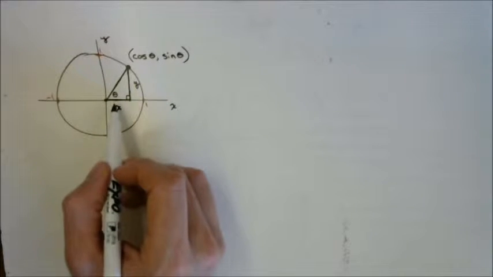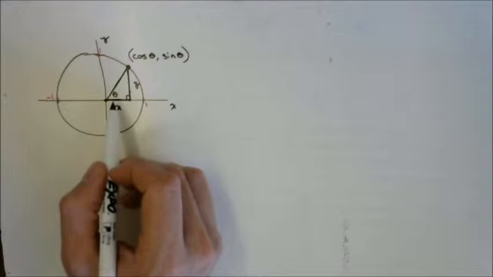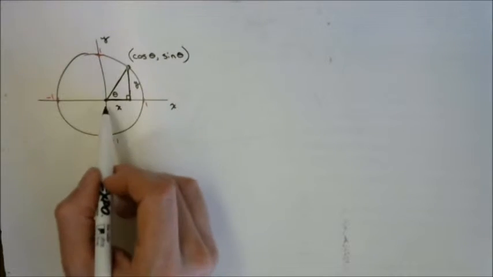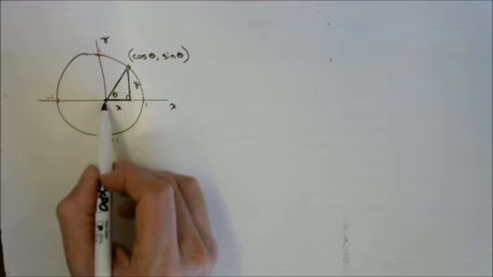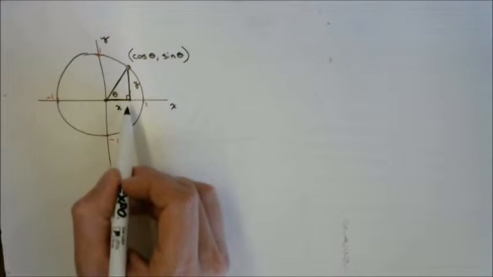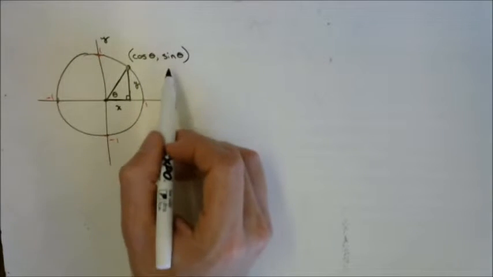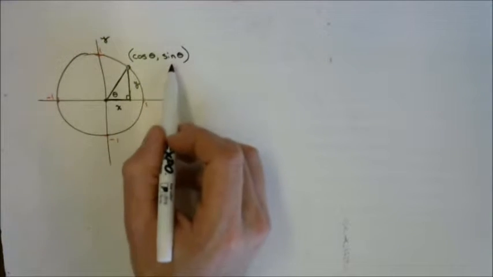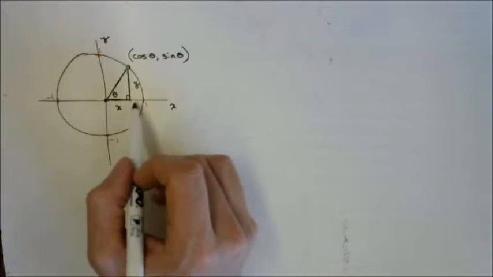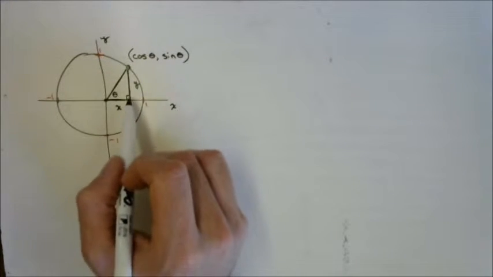For instance, if this looks like maybe a 55-degree angle, then all I would have to do is take the cosine of 55, and that would be the x value. That would be how far along from the origin we've moved in the x direction. And if I took the sine of theta, the sine of 55 in this hypothetical case, that would give me the vertical change from the x-axis up.